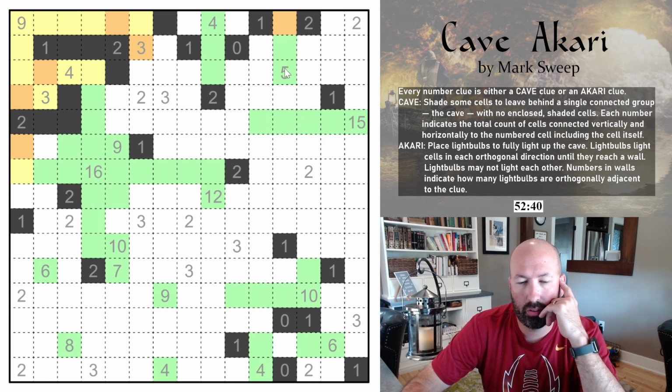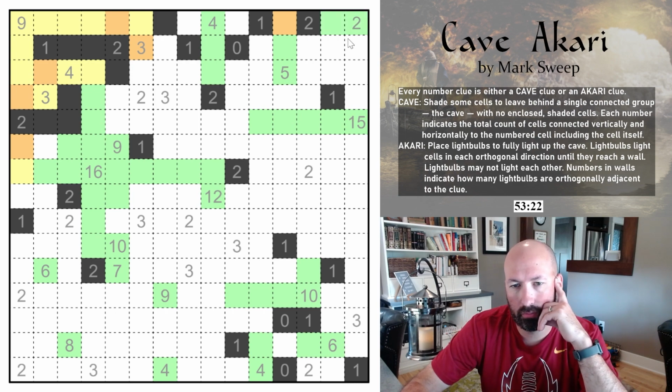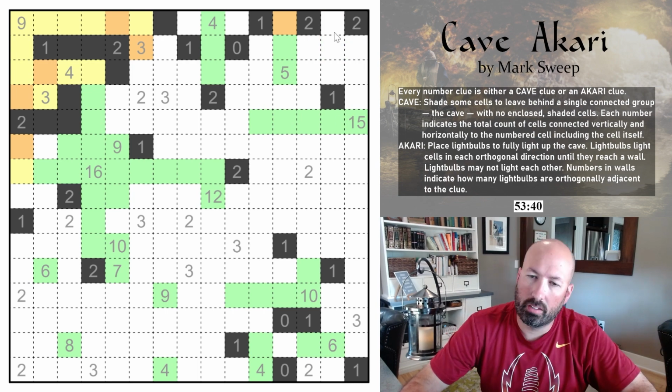Now we've got 3. So the green can't connect over here, but it could go this way. It could go something like that. This is not an easy puzzle at all.